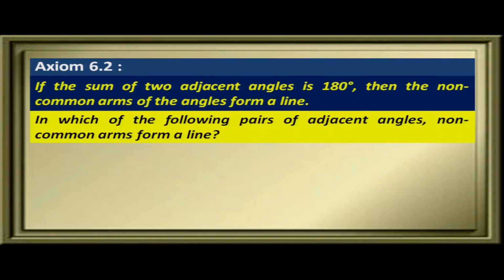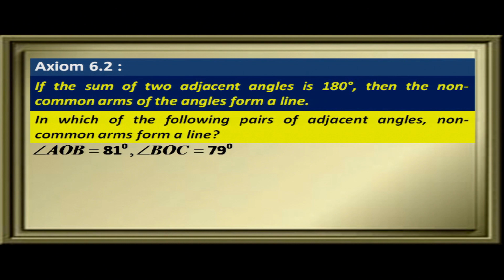Now, in which of the following pairs of adjacent angles do the non-common arms form a line? Let's have a look at the pairs of angles. Angle AOB is equal to 81 degree and angle BOC is equal to 79 degree.